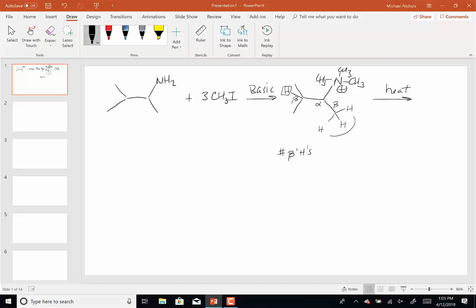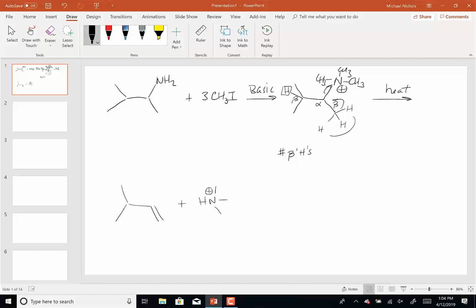So the major product of this reaction is based on the number of beta hydrogens, with the most beta hydrogens being the major product, which means that I'm going to form the least substituted double bond. And so I'm going to lose this hydrogen, and then the nitrogen is going to leave, so that my final product is going to look like that, plus most likely the ammonium will reform.